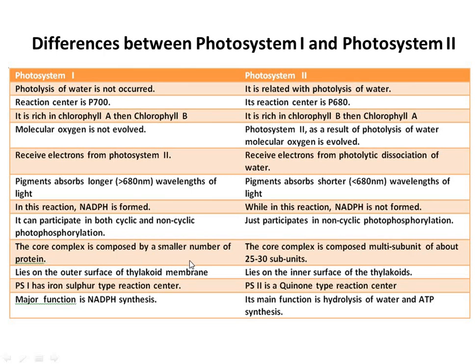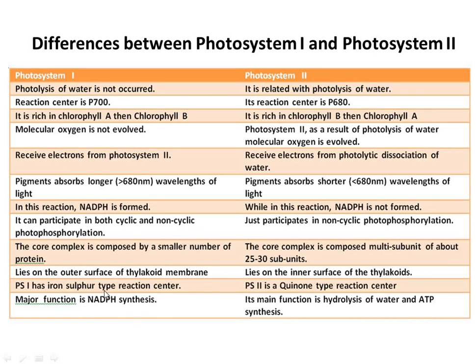The core complex is composed of a smaller number of protein molecules in PS1. In PS2, the core complex is composed of multiple subunits, 25 to 30 subunits. PS1 lies on the outer surface of the thylakoid membrane. PS2 lies on the inner surface of the thylakoids.